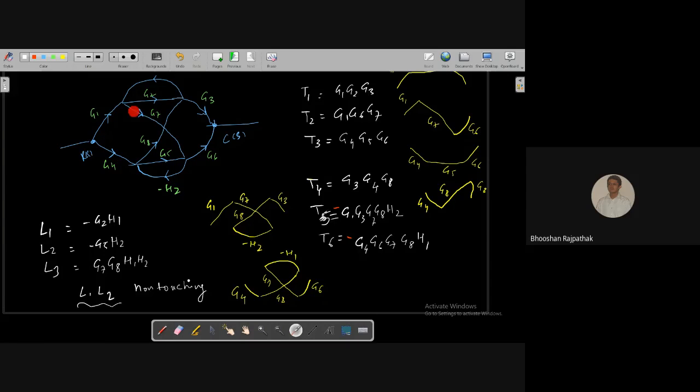If this is the forward path G1, G2, G3, then this loop G5, H2 will be non-touching. Similarly, if we have forward path G4, G5, G6, then the loop G2, H1 will be non-touching to this forward path. So there are some forward paths to which some of the loops are non-touching.